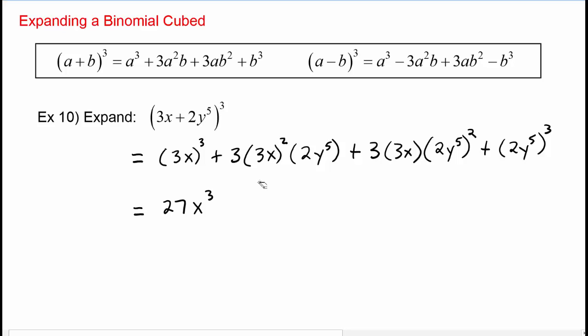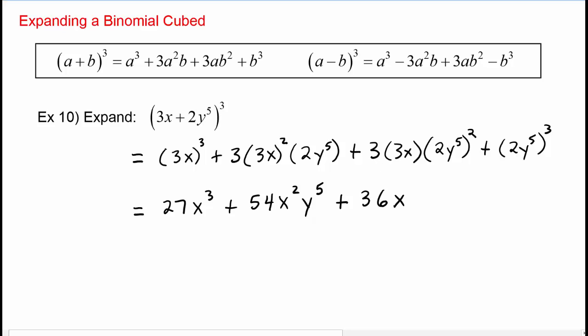Now in this second term, we have 3 squared, which is 9. Take that times 3, we get 27. Take that times 2, and we get 54. Then we've got x squared y to the fifth plus, in this third term, we have 2 squared is 4, times 3 is 12, times 3 is 36.